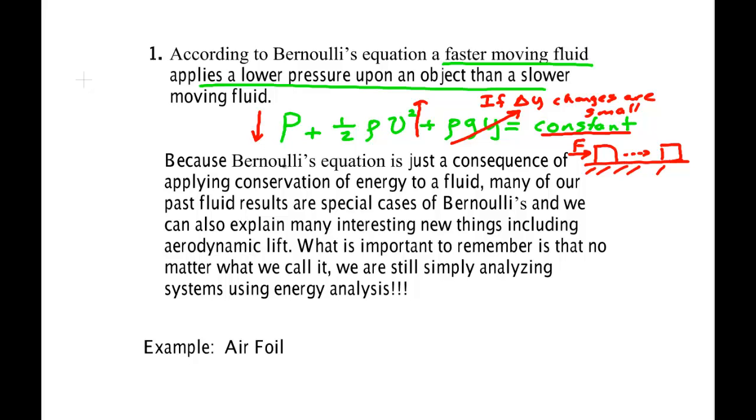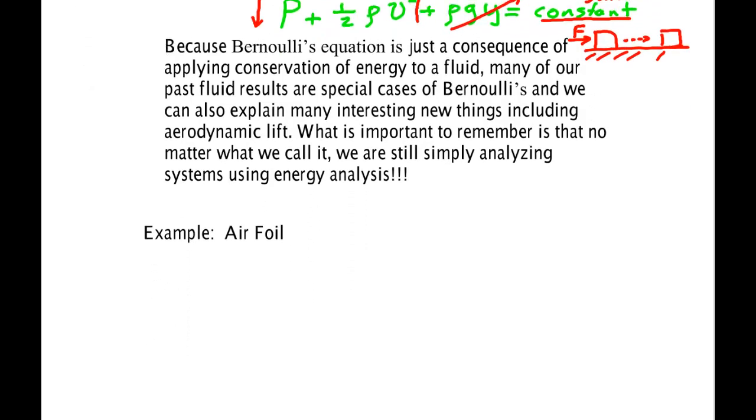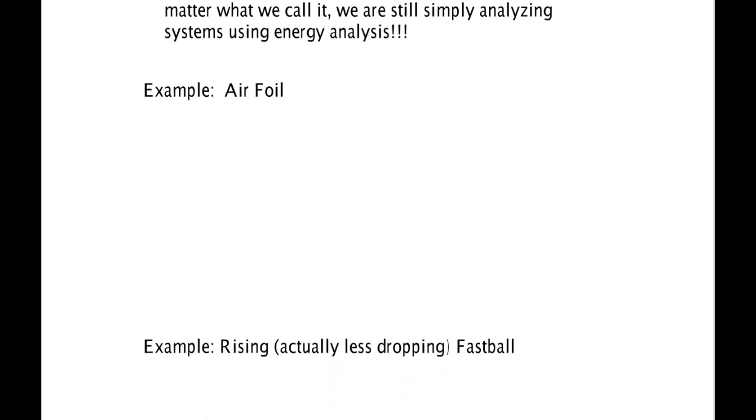Let's see if we can use that to show why an airplane flies and why the shape is the way it is. Let's take an airfoil, the way they're built for planes. An airfoil often has a shape of something like this.